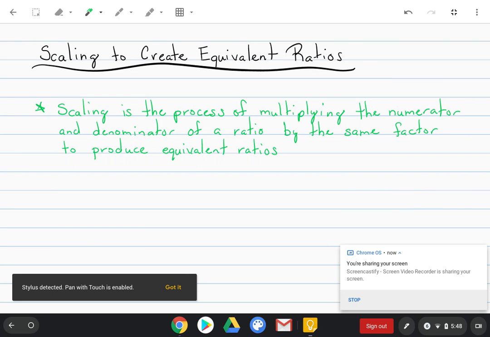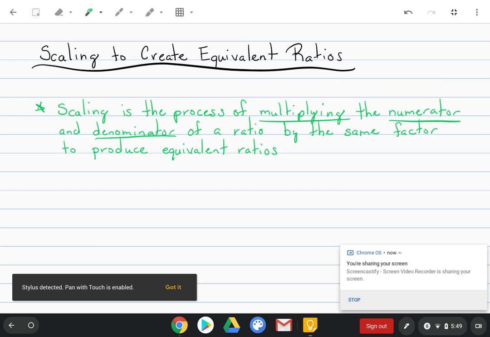Guys, this is Miss Brown speaking, and today we're going to talk about scaling to create equivalent ratios. You may be wondering what scaling is. A definition is that scaling is the process of multiplying the numerator and the denominator by the same factor to produce equivalent ratios.